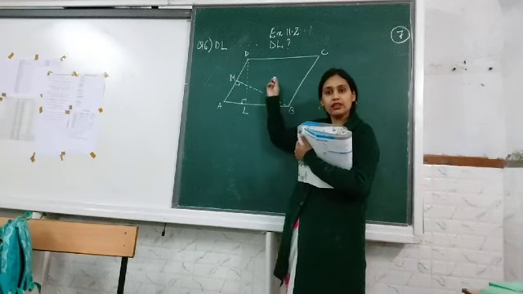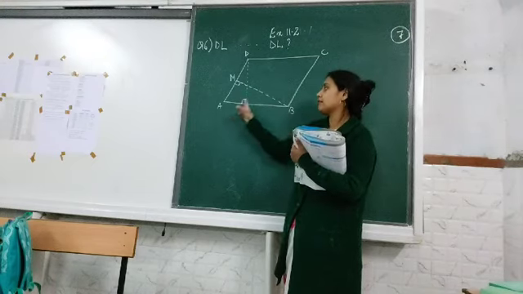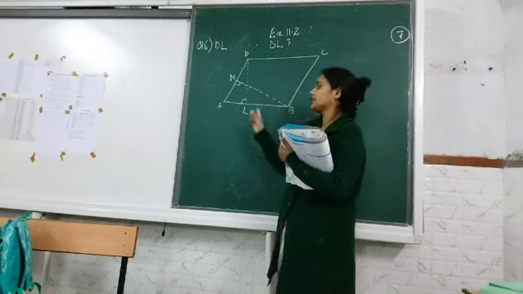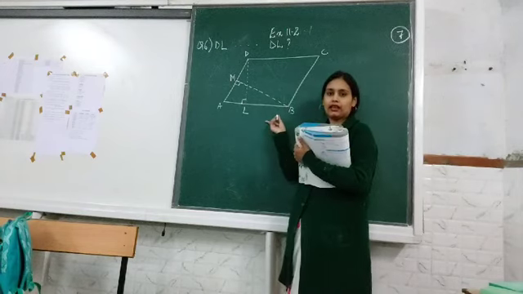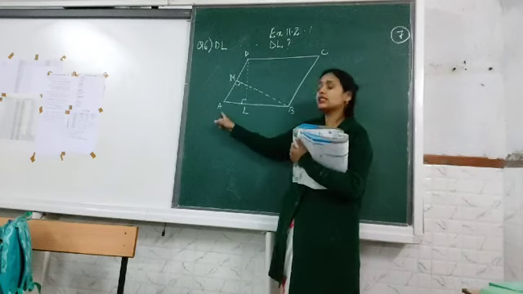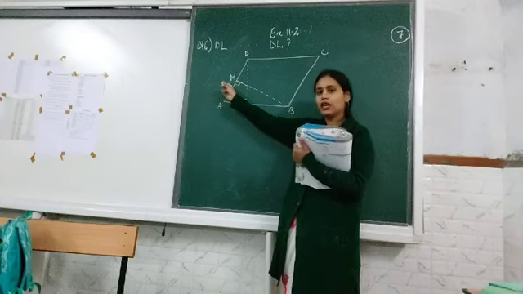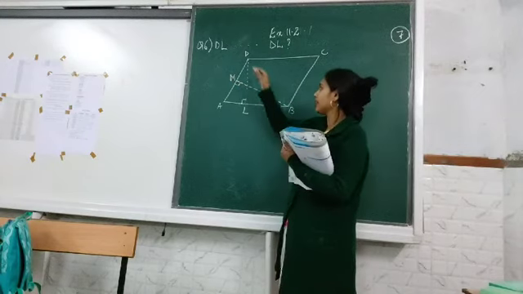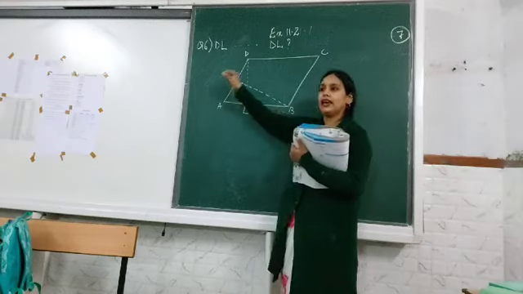Now, the area is given from the formula base into height. When we take the base as AB, the height becomes DL. We find the value of DL. And again, taking the area of the same parallelogram, we take the base AD. At that time, the height becomes BM. Okay? And that's how we get the values of DL and BM.